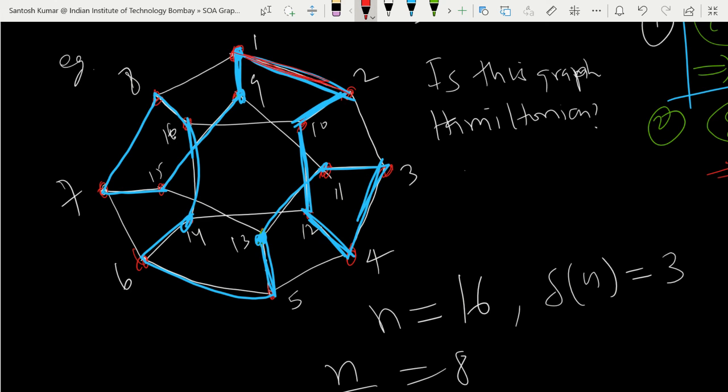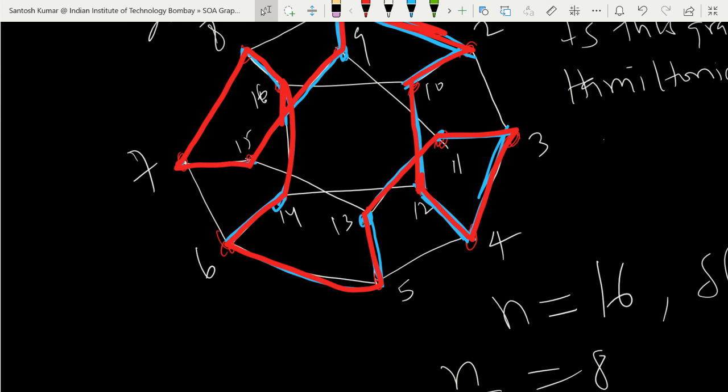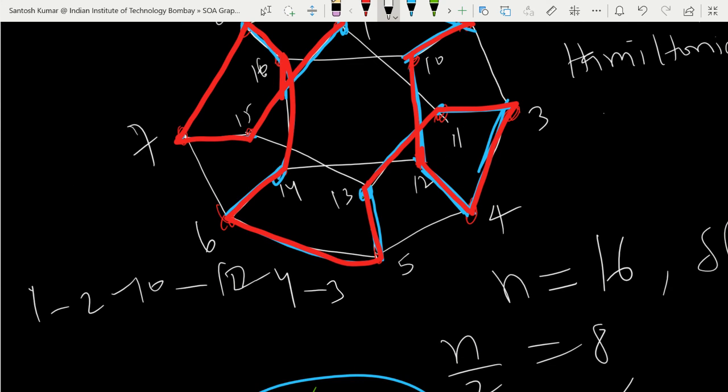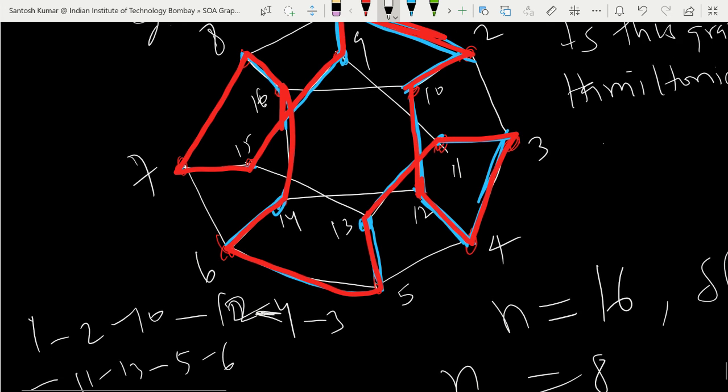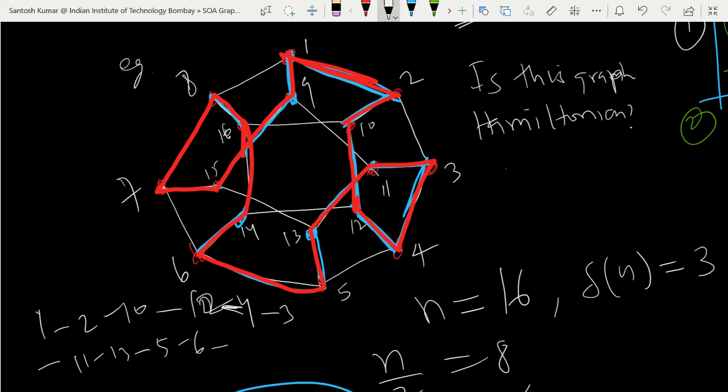So look again. 1 to 2, 2 to 10, 10 to 12, 12 to 4, 4 to 3, 3 to 11, 11 to 13, 13 to 5, 5 to 6, 6 to 14, 14 to 16, 16 to 8, 8 to 7, 7 to 15, 15 to 9, and 9 to 1.